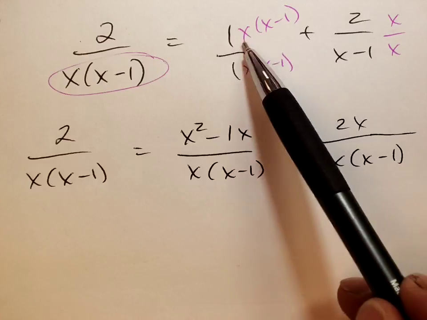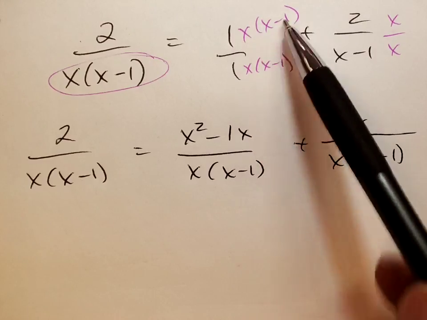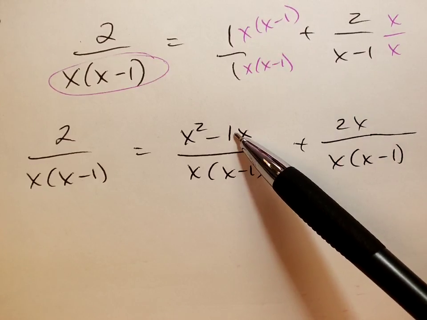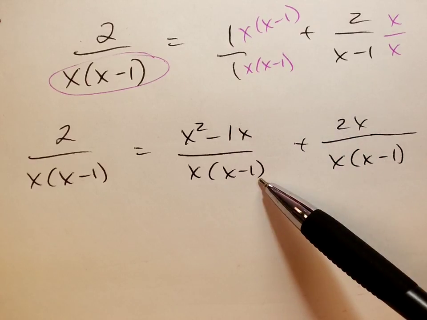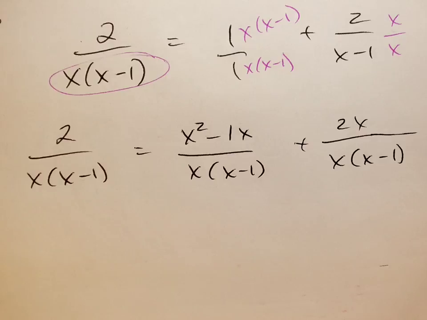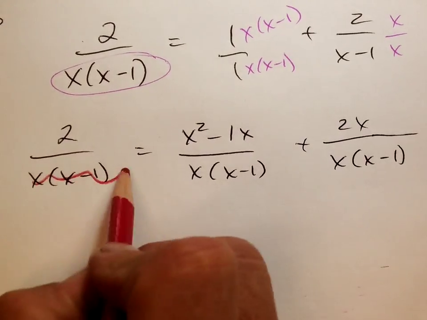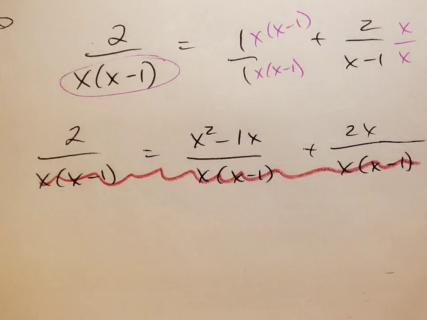I actually multiplied that one out, didn't I? Because I'm going to have to add and subtract later, right? I left this one as x times x minus 1 because then it looks like the rest. Now we have a common denominator all the way through, so we can just get rid of them, and we can prove why that works because we can multiply both sides by the common denominator, which will simply cancel.